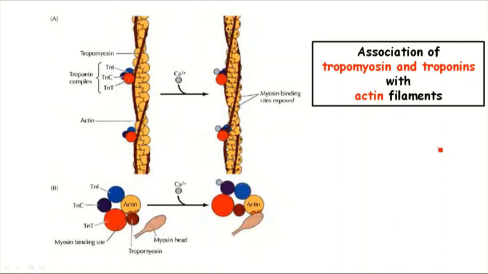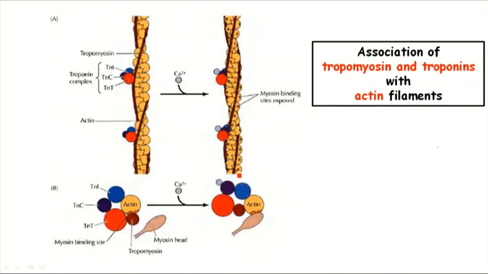Once it gets the nerve impulse, this sarcoplasmic reticulum releases the calcium into the cytosol, and once the concentration of calcium increases in the cytoplasm, it signals muscle contraction by the action of the actin filament binding proteins tropomyosin and troponin.